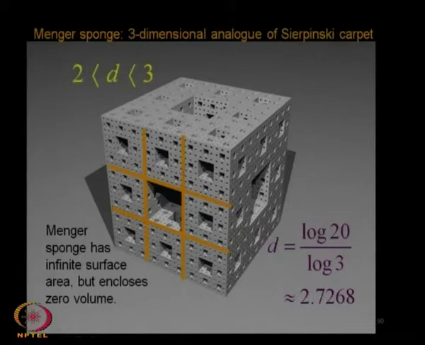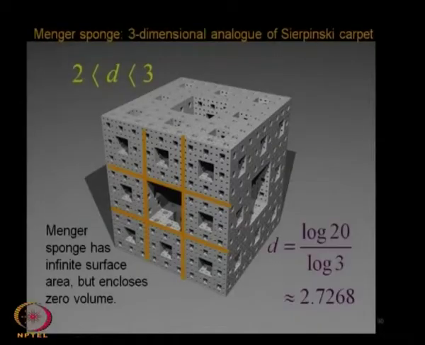So the fractal dimension of this will be logarithm of 20 divided by logarithm of 3. This is more than 2 and less than 3. It is 2.72. Okay. So this is called the Menger sponge, and it has got infinite surface but encloses 0 volume, because you can keep scooping out, and what are you going to be left with if you keep scooping out again and again and again non-stop, and there is no stopping.